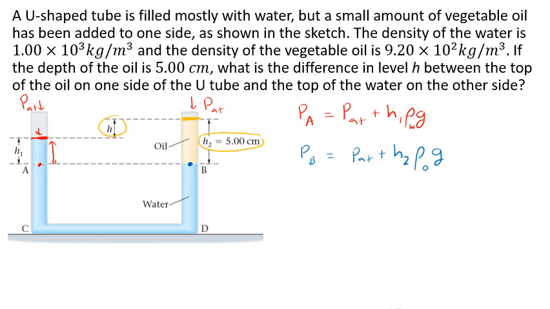If you compare these two points, A and B, they are at the same height, so the pressure at point A equals the pressure at point B.